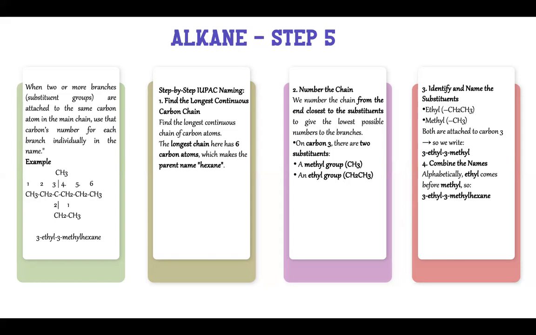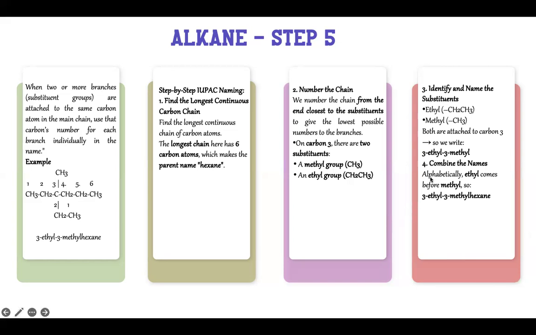Then you have to number the chain. We number the chain from the end closer to the substituent to give the lowest possible number to the branches. So on carbon 3, there are 2 substituents: a methyl group, CH3, and an ethyl group, CH2 and CH3.